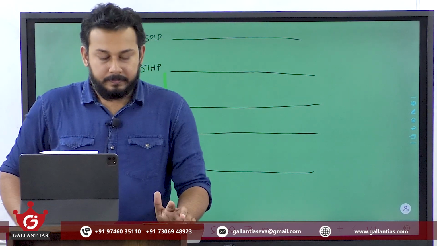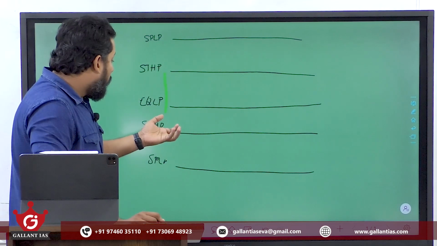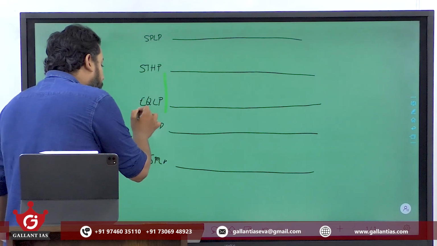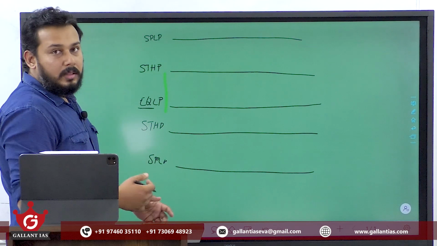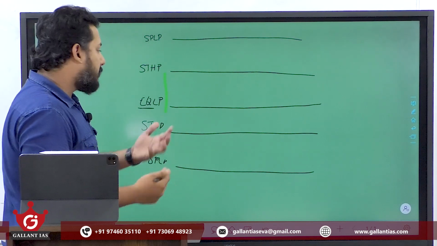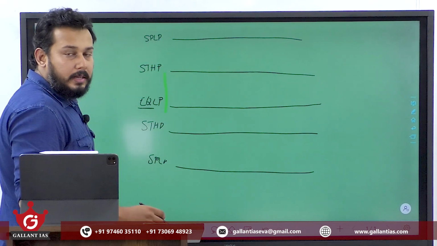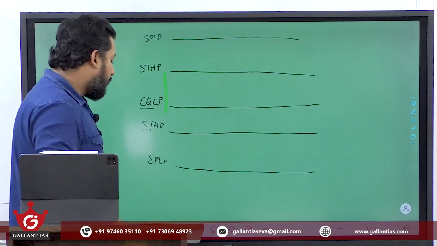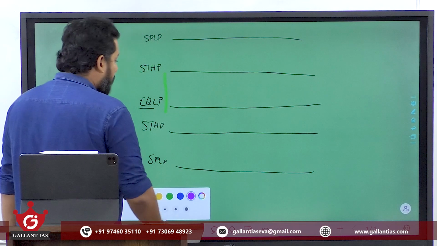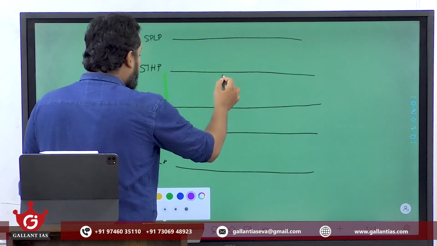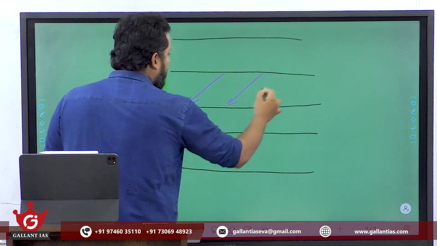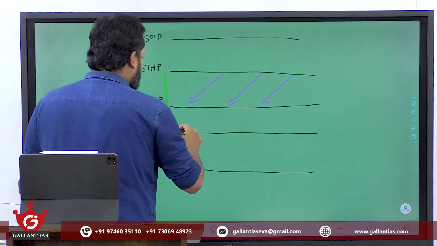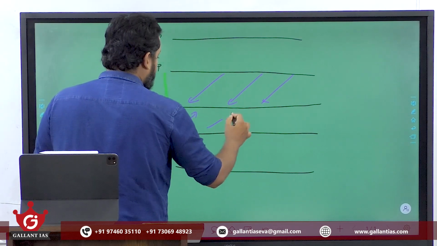So, here we are going to see the equatorial low pressure belt. We know that the wind always flows from a region of high pressure to low pressure, and applying Coriolis force, it gets deflected to the right in the northern hemisphere and to the left in the southern hemisphere. So the wind direction will be like this in the northern hemisphere and like this in the southern hemisphere.